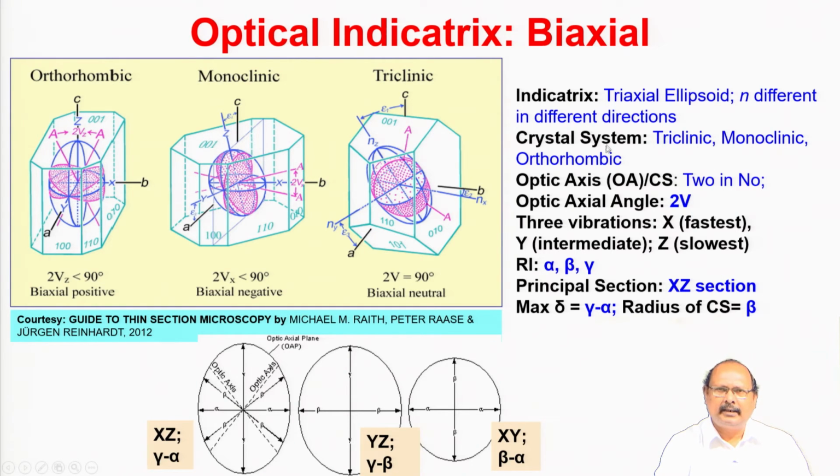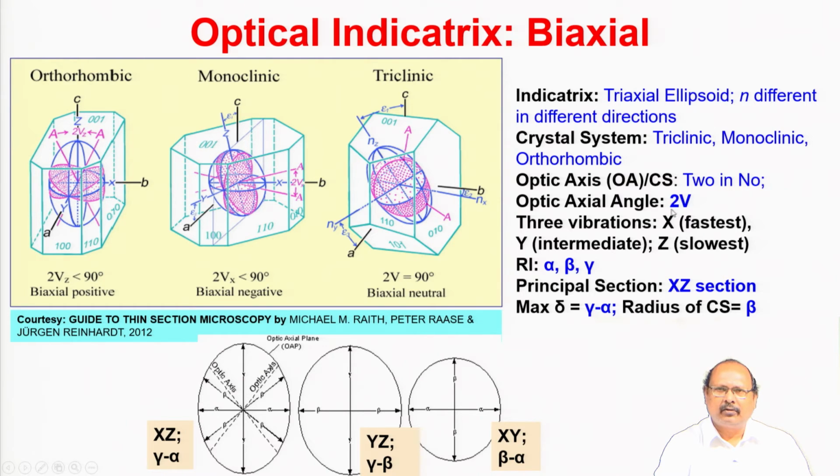That is the reason that instead of two vibrations as in uniaxial minerals, there are three vibrations here. Amongst these three vibration directions, which you call x vibration, y vibration and z vibration, x is the fastest, z is the slowest and y is intermediate.